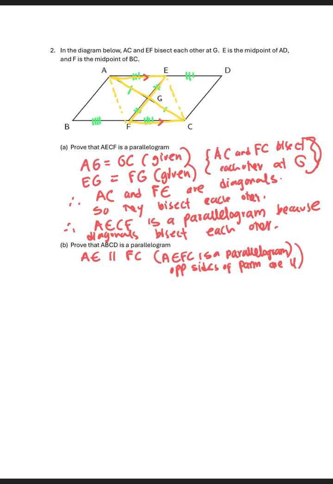Therefore, I claim again that AD is parallel to BC. Reason? Because AE lies on line AD and FC lies on line BC. So then we can say that AD is parallel to BC.